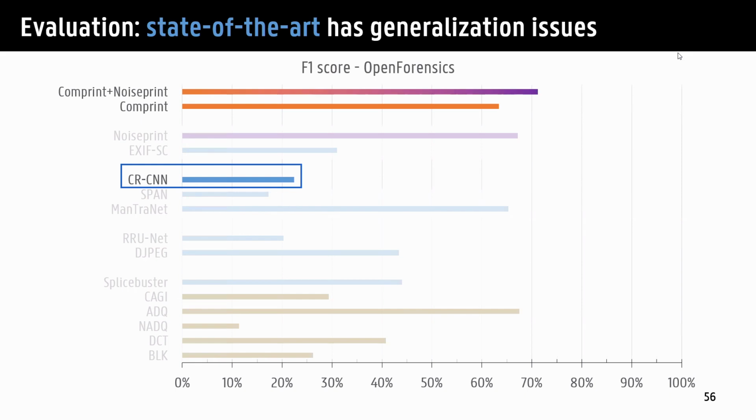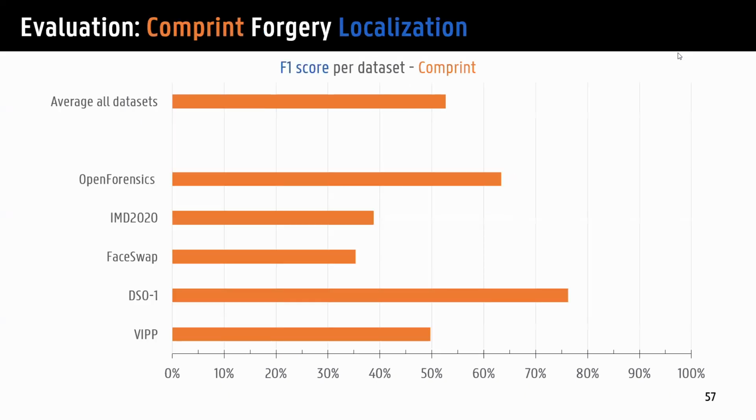While if during the training we only look at pristine images, we have the advantage that this should generalize better than for those other methods. So when we look at Comprint individually, we have decent scores.